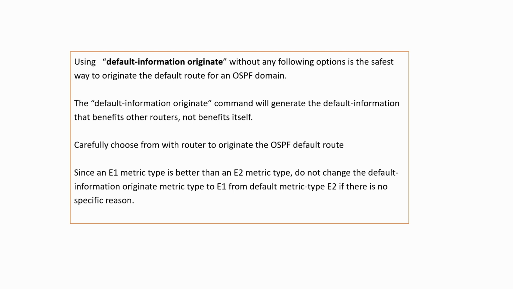Choosing the wrong router may cause you problems. Since the E1 metric is better than the E2 metric, do not change the default information originate metric type to E1 from the default metric type E2 if there is no specific reason. If you do so, it may cause you big troubles.